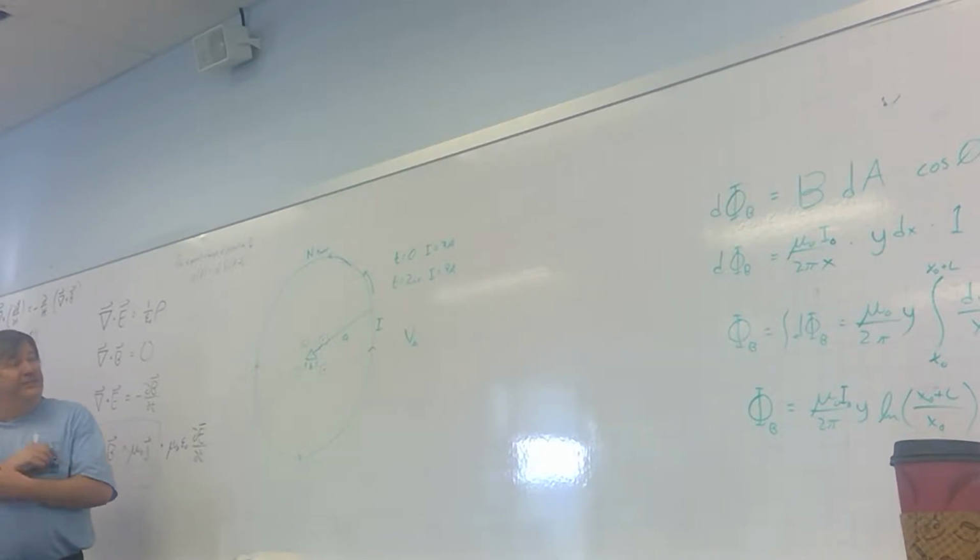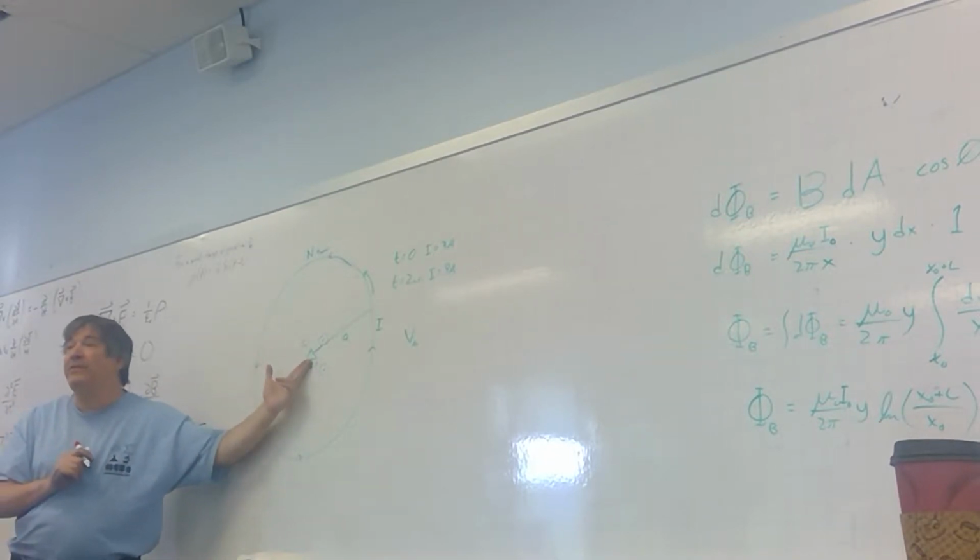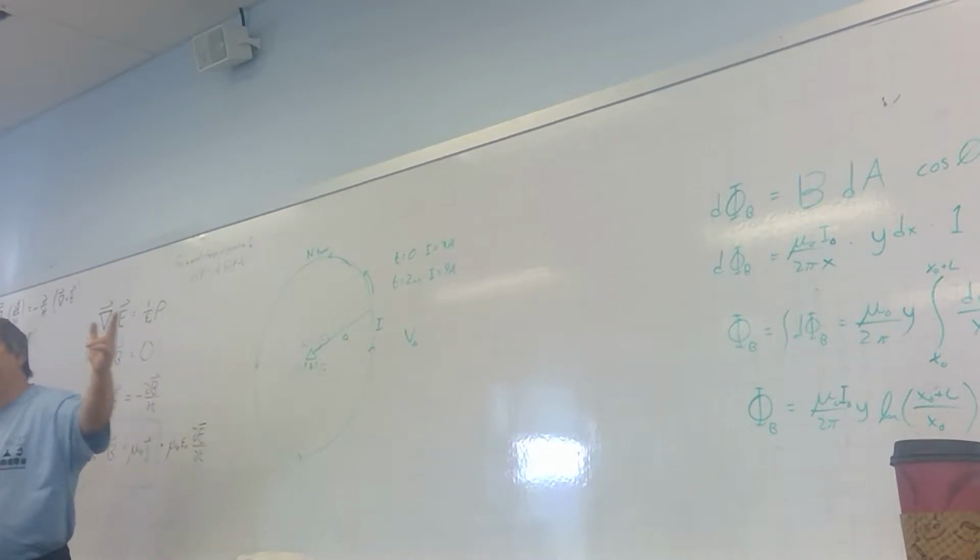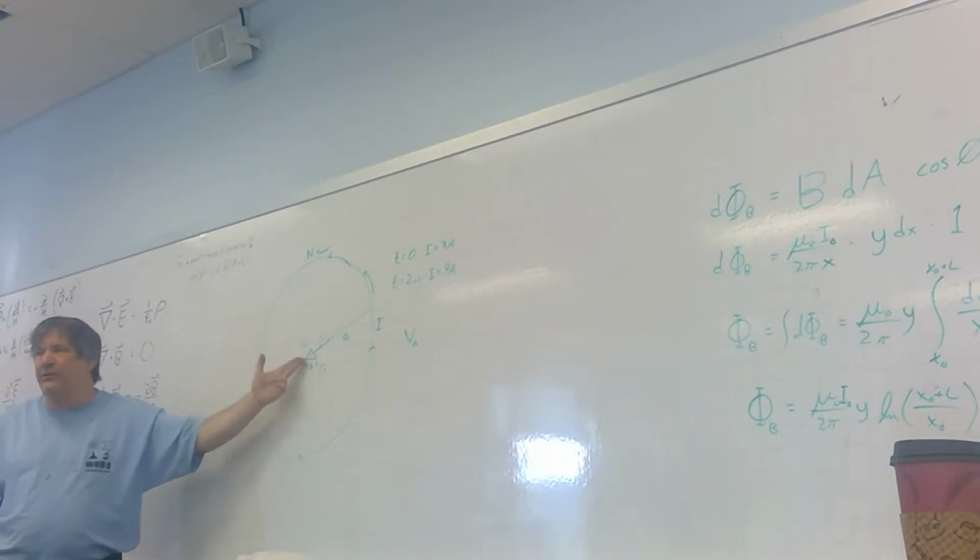Yeah, we do, actually. It was kind of the first step. We had a formula for the B field anywhere along the axis of a current carrying loop like this.